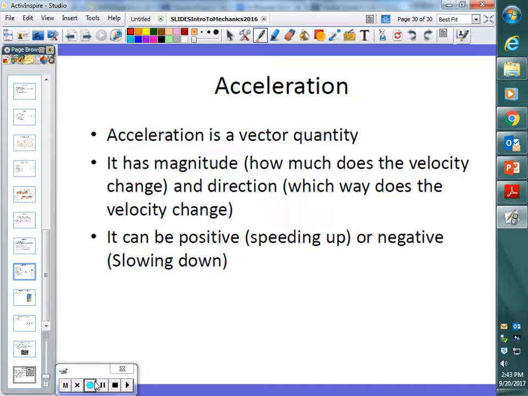How much does it change by? But then the direction tells you what happens to that velocity. Does it get bigger by this amount, or does it get smaller by this amount?